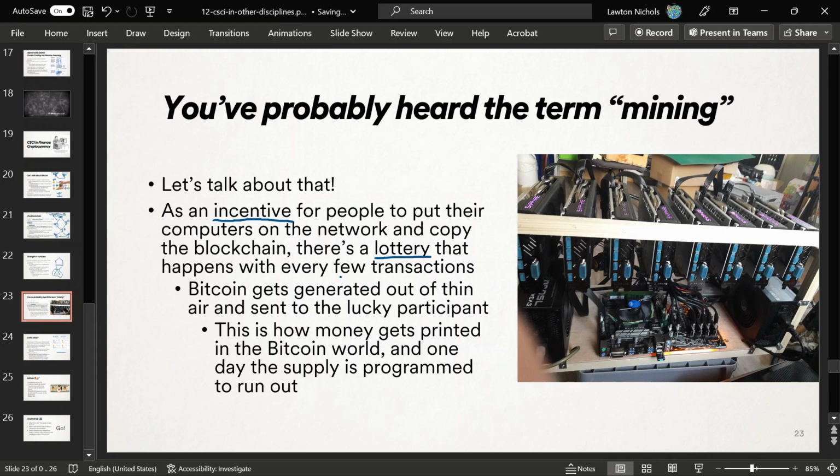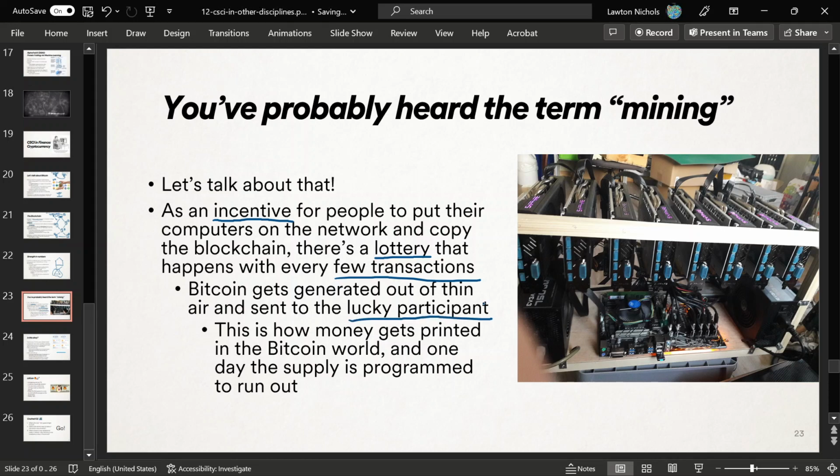And every few transactions, they all get jumbled together, and then the fastest person who can verify those transactions in a certain way gets some Bitcoins. So Bitcoin gets generated, it gets minted out of thin air, like you're mining it out of the earth, I guess. And the lucky person who won that lottery, anybody gets a chance as long as you're fast enough, but the lucky person who wins that round gets some Bitcoins sent to them. And that's how they are incentivized to stay on the network.